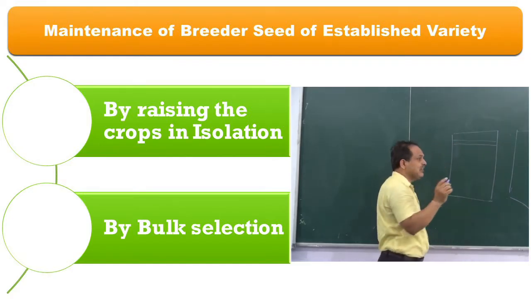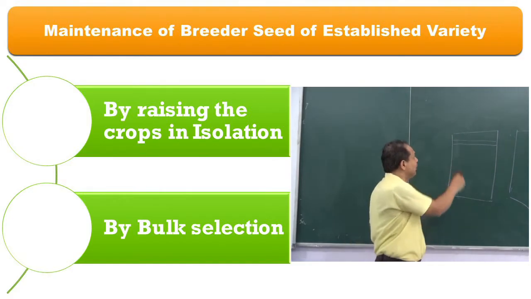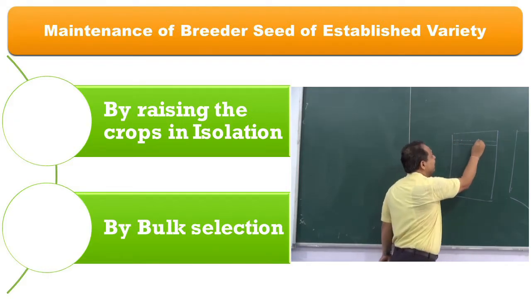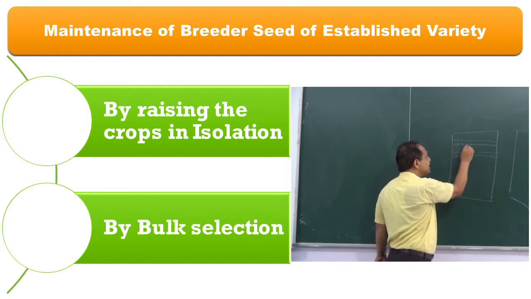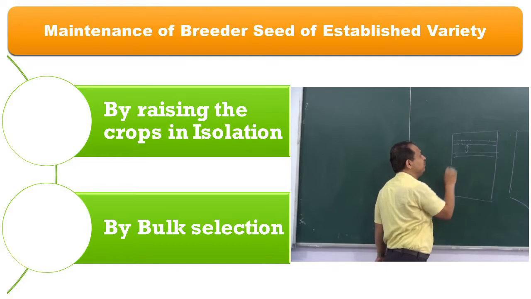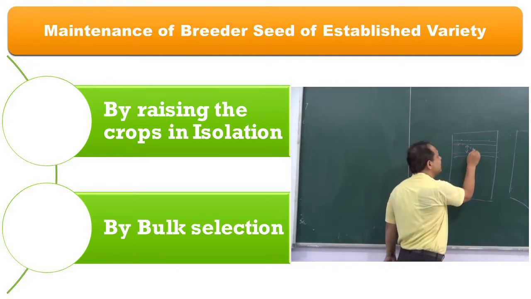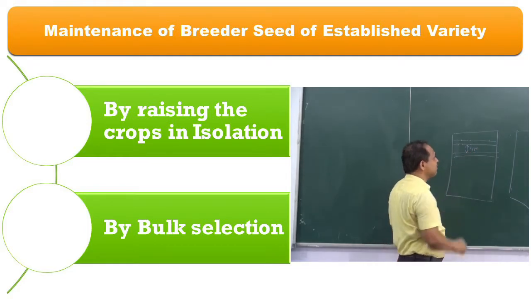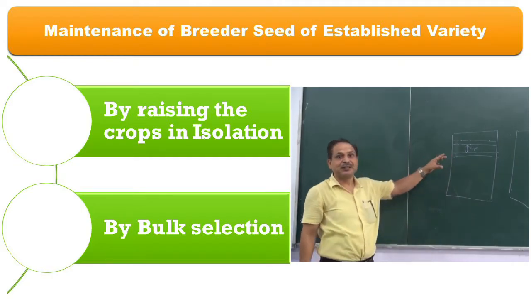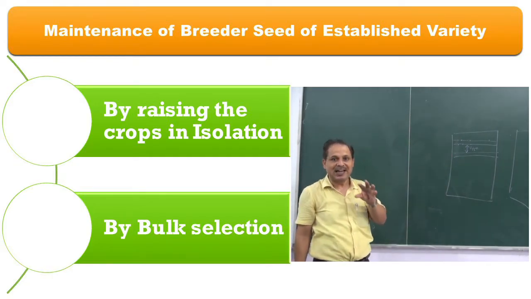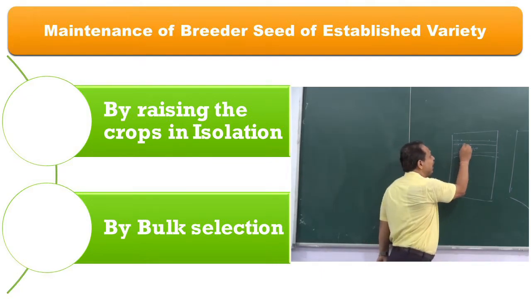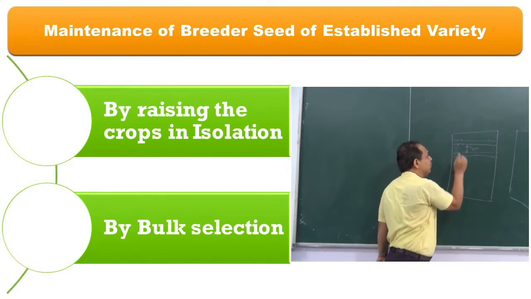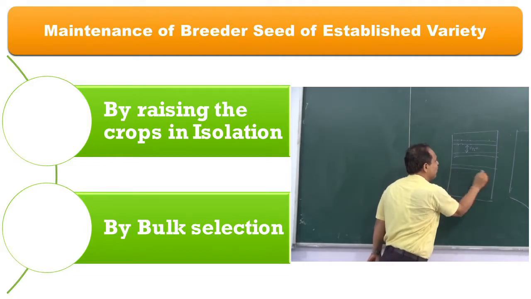So the seeds of a single plant are grown in a double row plot. The distance between these two plots should be 45 centimeters. There must be a space. The purpose of this space is that we critically observe each and every plant from these double row plots.